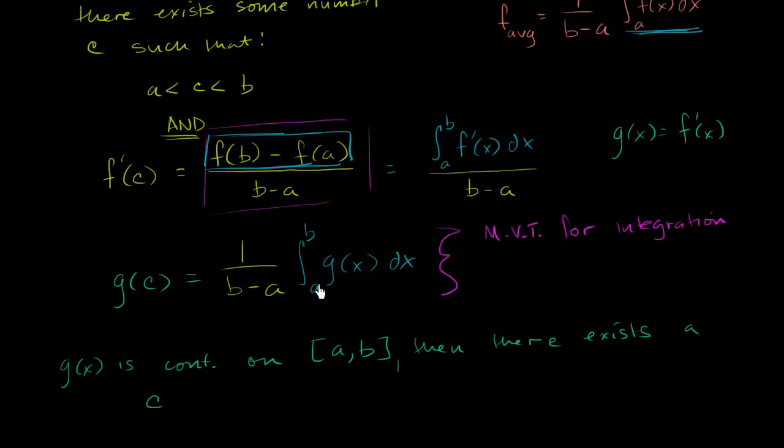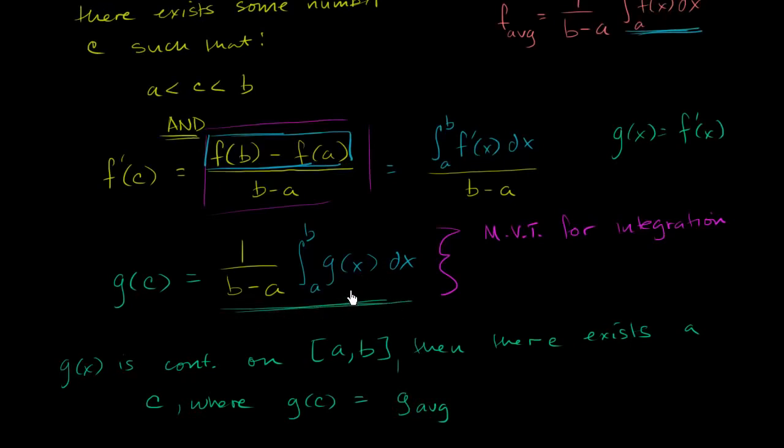This is the average value of our function. There exists a c where g of c is equal to the average value of your function over the interval. This was our definition of the average value of a function.